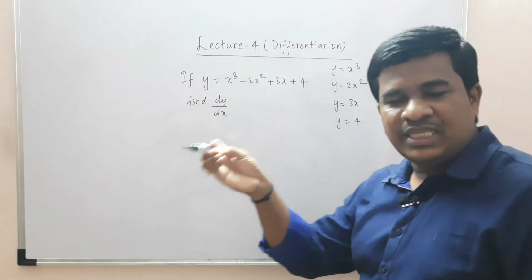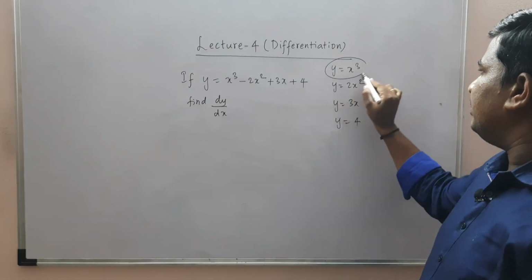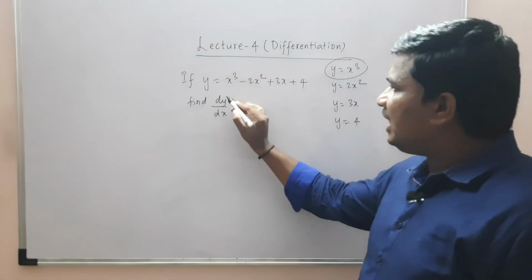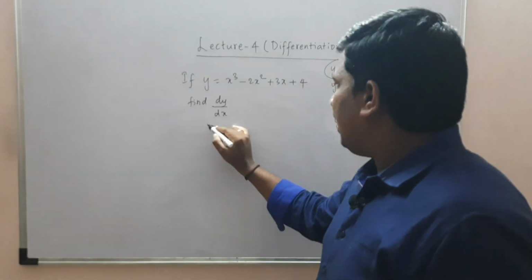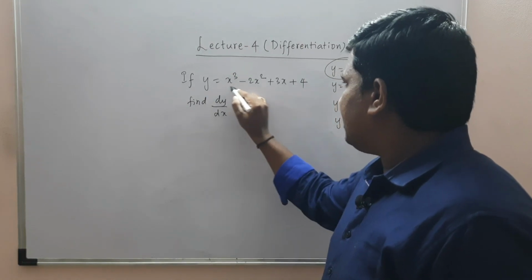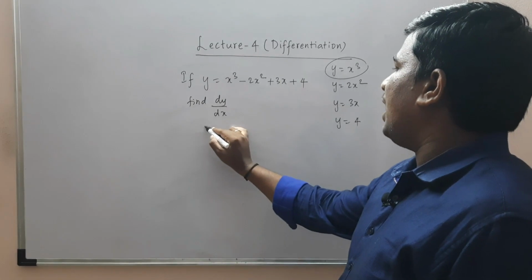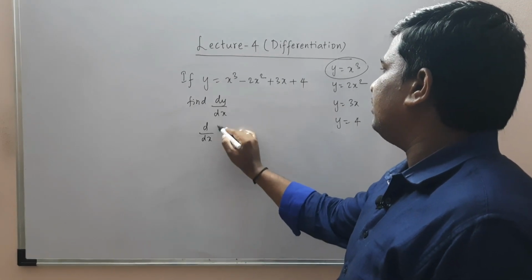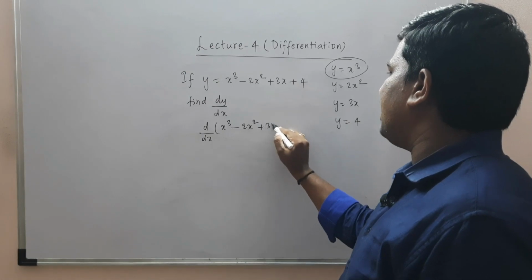As soon as you see the equation, y equal to x cube, the meaning of dy by dx you are already familiar with. Here y is this expression, x cube minus 2x square plus 3x plus 4. So I write d by dx of x cube minus 2x square plus 3x plus 4.